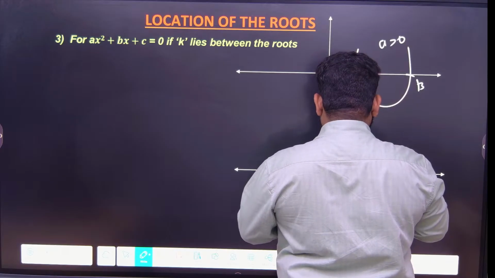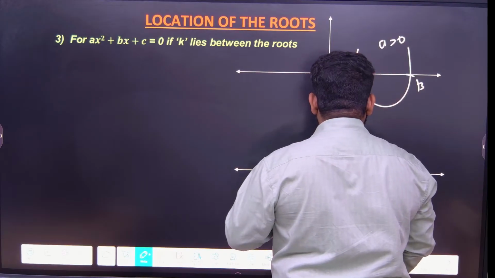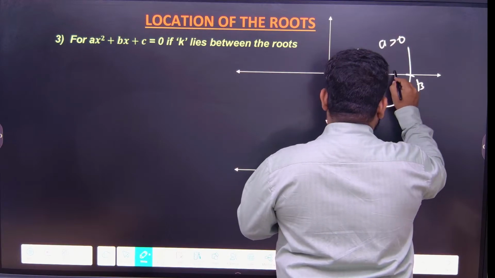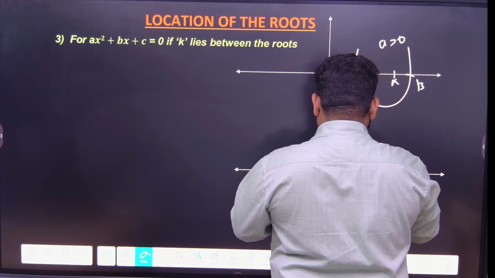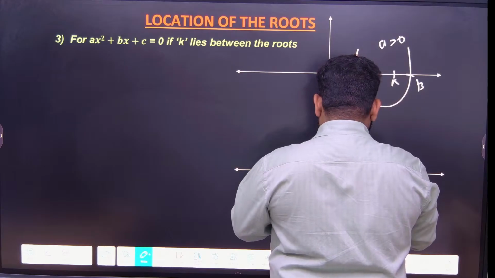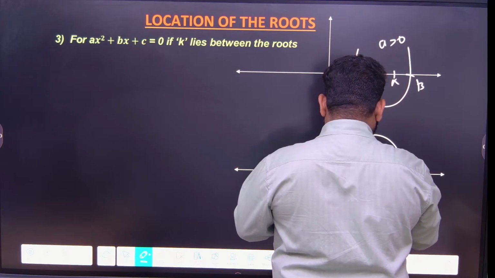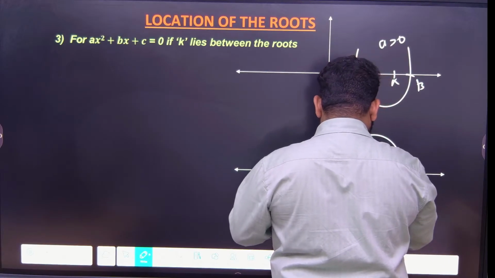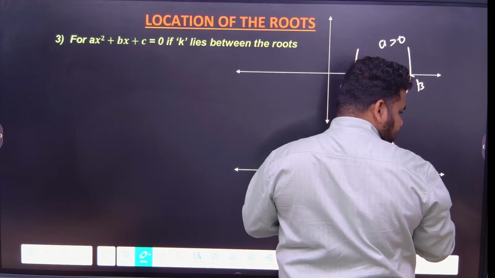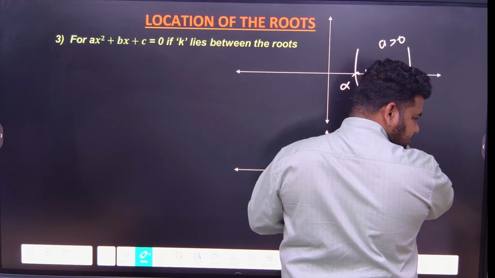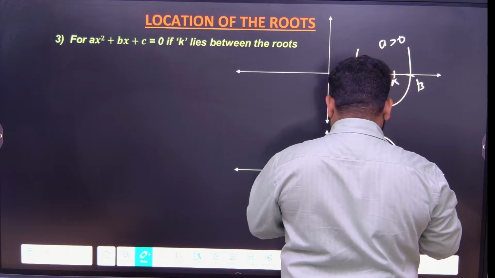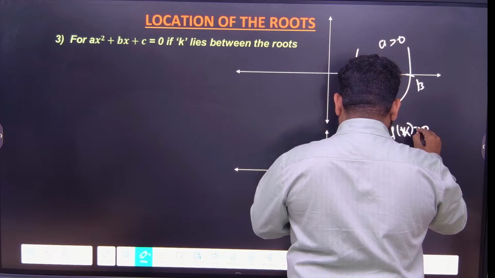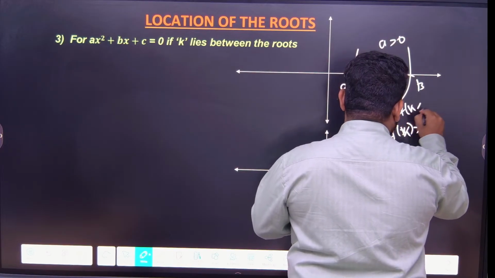So between the roots means k can be here, or here. This is alpha, this is beta, and f of k will be greater than 0 here, and f of k will be less than 0 here.